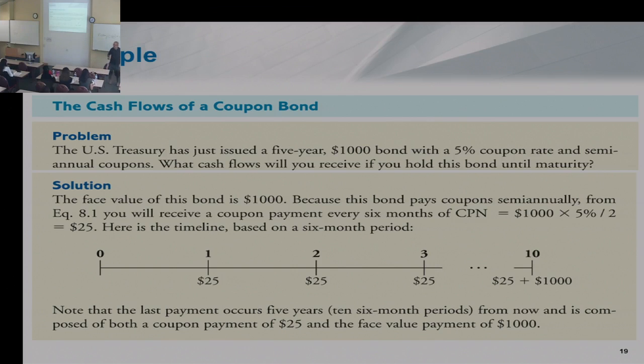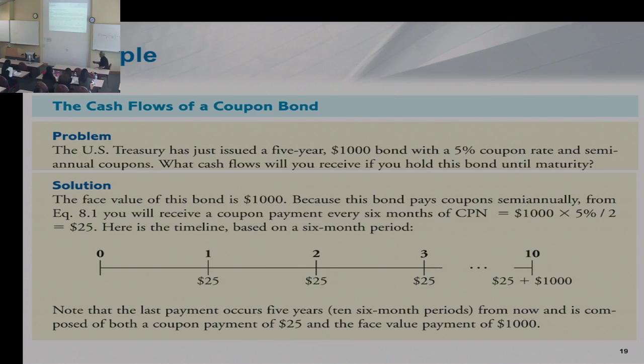But here they're semi-annual coupons. So 5%, it's an APR, 5% of $1,000 is $50. It's paid semi-annually, so it's $50 divided by 2, $25 every 6 months.